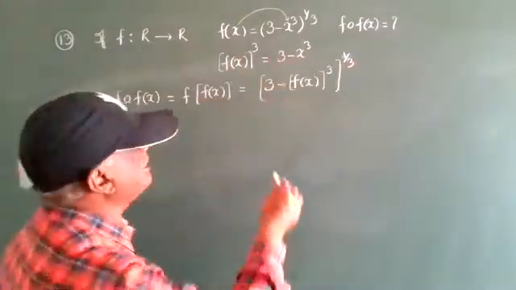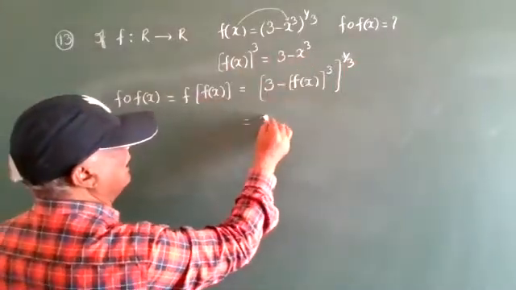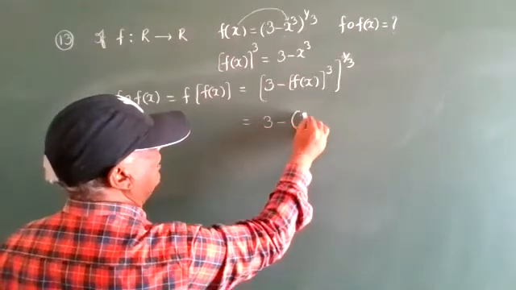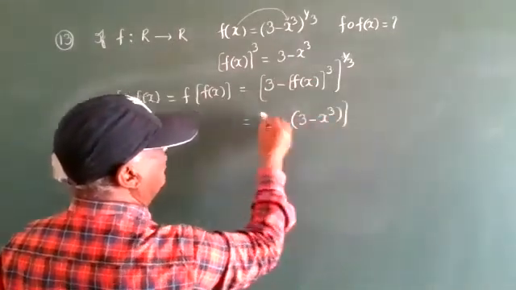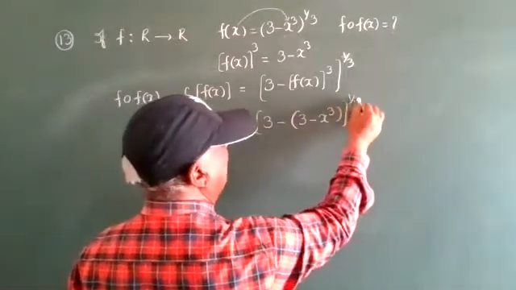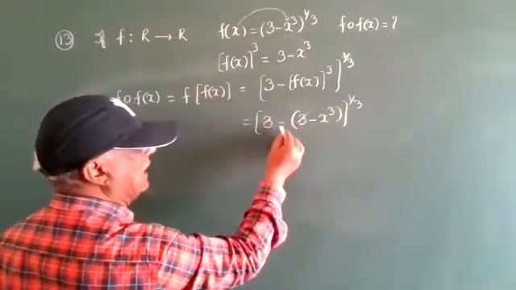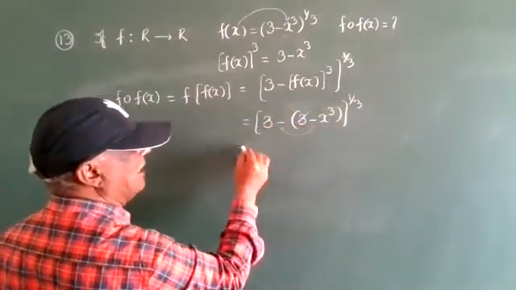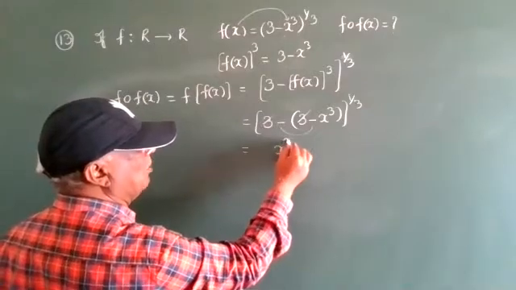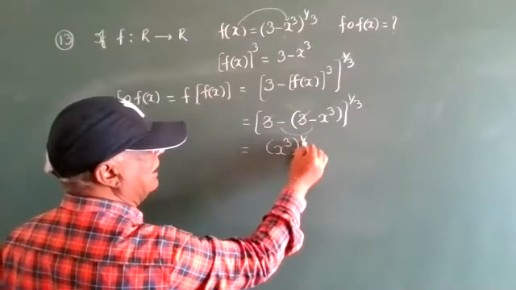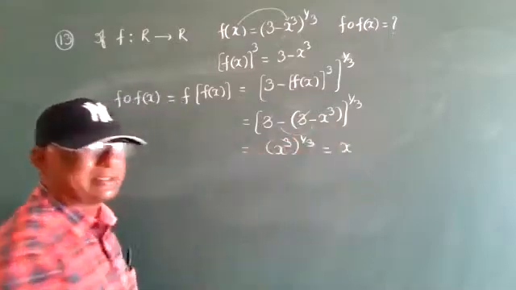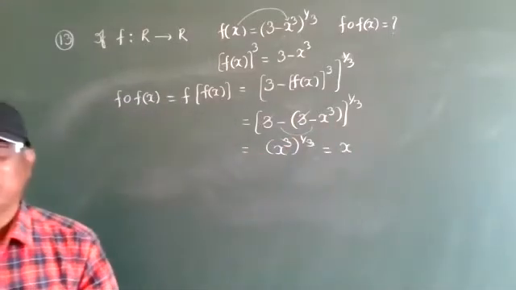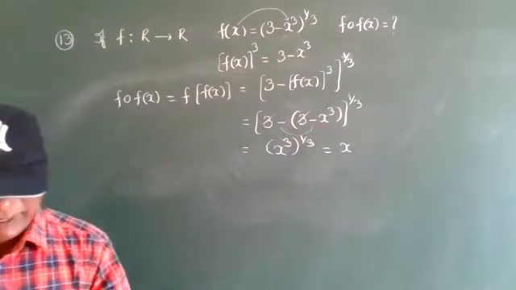It is 3 minus x cube. So 3 minus (3 minus x cube) whole power of 1 by 3. The 3 should be cancelled, minus minus will become plus, x cube power of 1 by 3, and the answer is x. Okay now? Clear everyone now? No doubt now? Right.